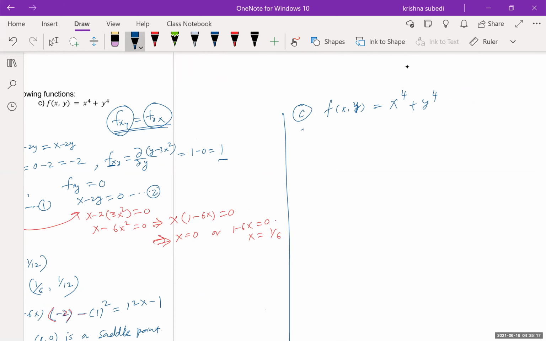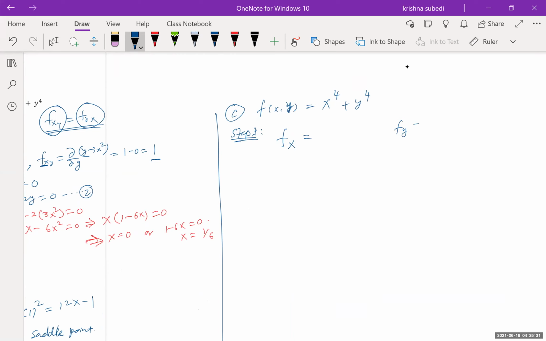All right, so now step 1. We find f sub x, f sub y, f sub xx, f sub yy, and f sub xy. These are the things we're going to find first.